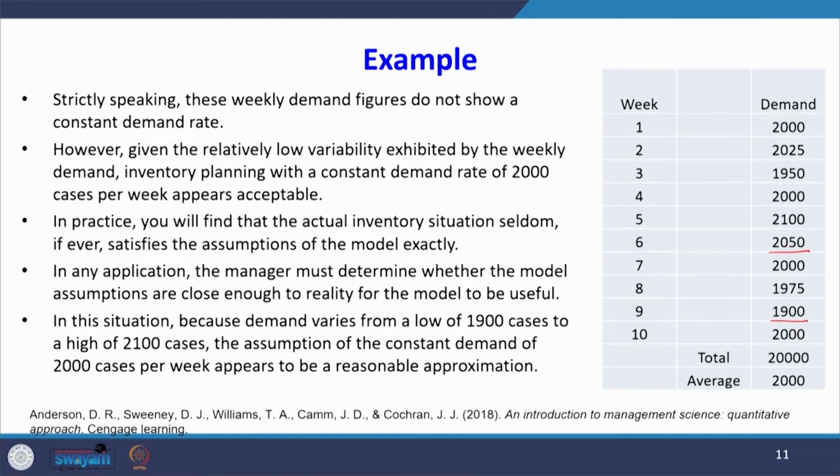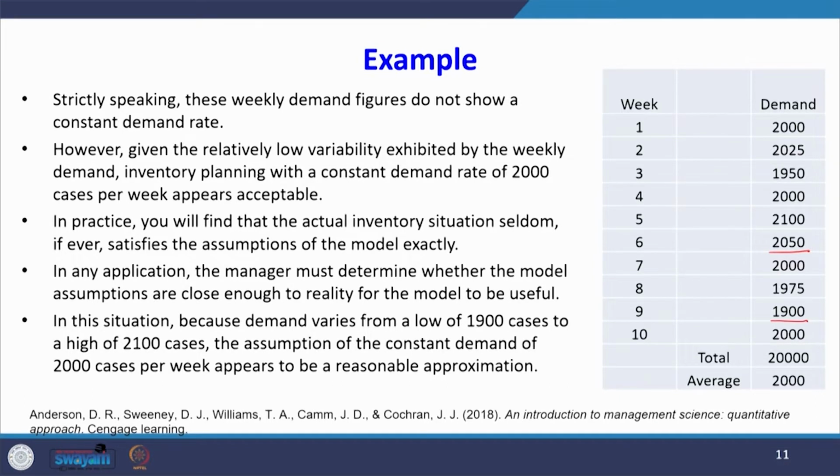However, given the relatively low variability exhibited by the weekly demand, inventory planning with a constant demand rate of 2000 cases per week appears acceptable.